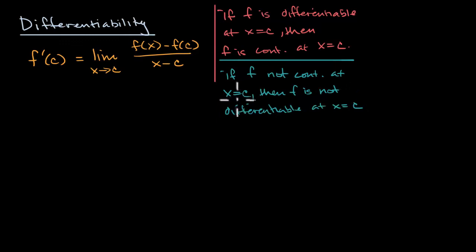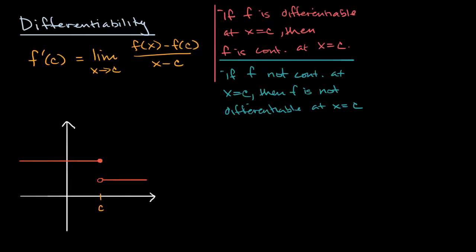So let me give a few examples of a non-continuous function, and then think about, would we be able to find this limit? So the first is where you have a discontinuity. Our function is defined at c, it's equal to this value, but you can see as x becomes larger than c, it just jumps down and shifts right over here. So what would happen if you were trying to find this limit?